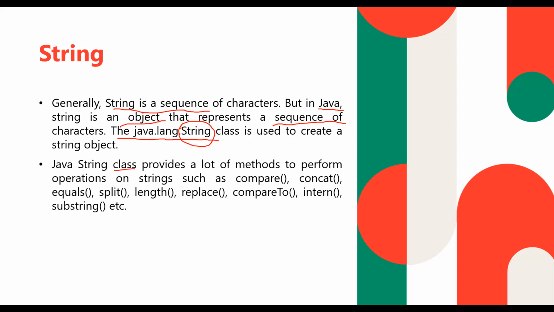This String class provides lots of methods to perform various operations on strings, such as compare, concat, equals, split, length, replace, compareTo, intern, substring, etc. There are so many methods available. Those methods we will see in the upcoming video.